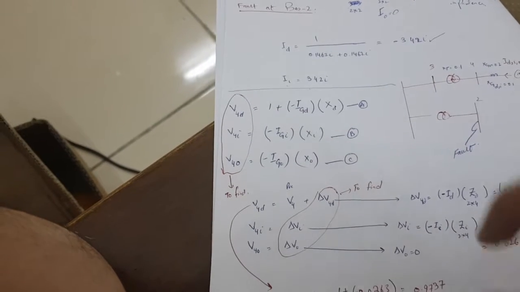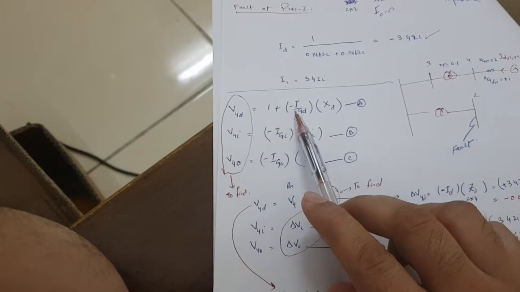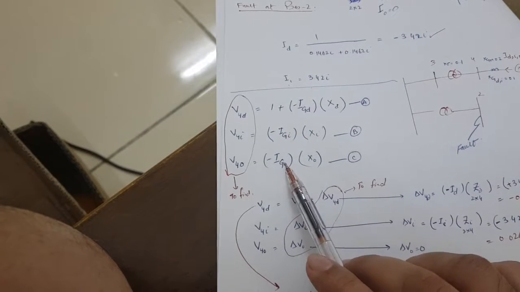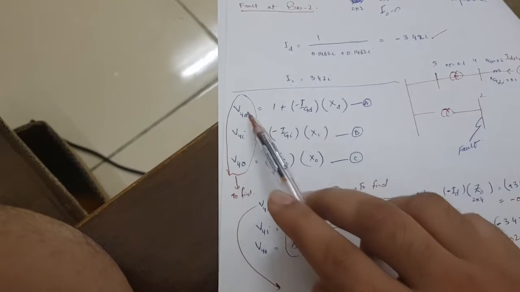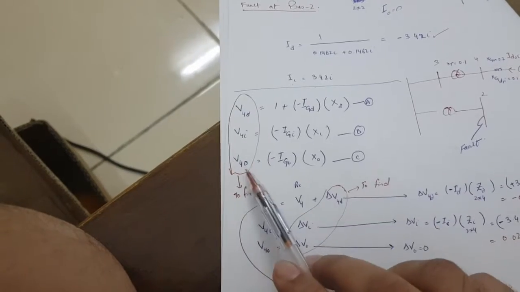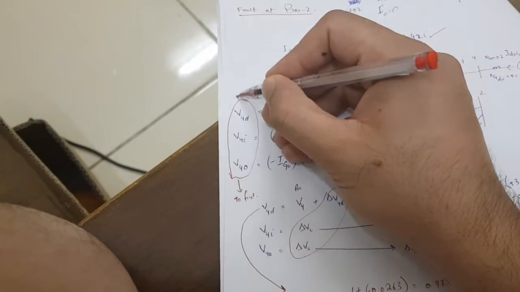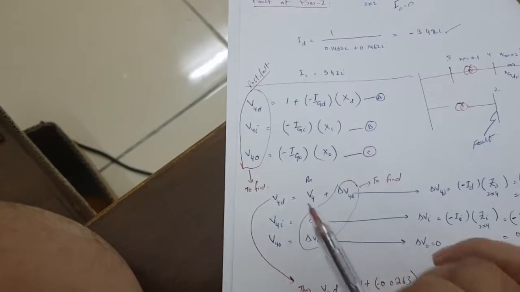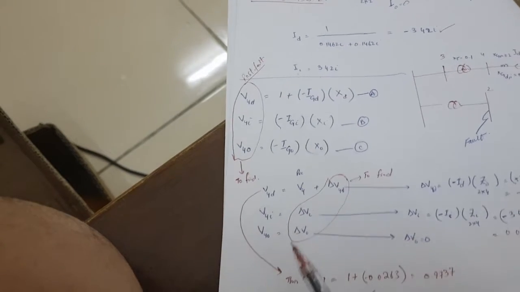We have to find the generator currents, positive, negative and zero sequence. The reactances are already known and we have to find all these values. All these are post fault voltages, so we have to find the voltages.